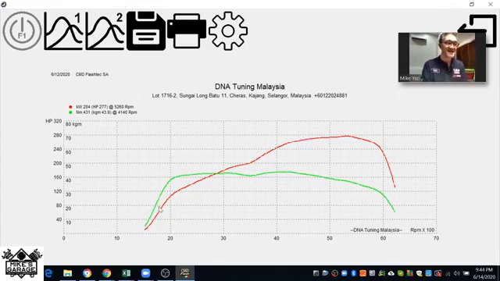As I said, when we go for a tune, people always talk about horsepower gains. I think far more important when we are talking about horsepower is the power delivery throughout the rev range, and how the power is being delivered.